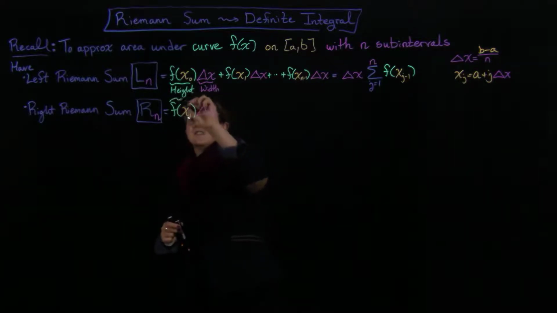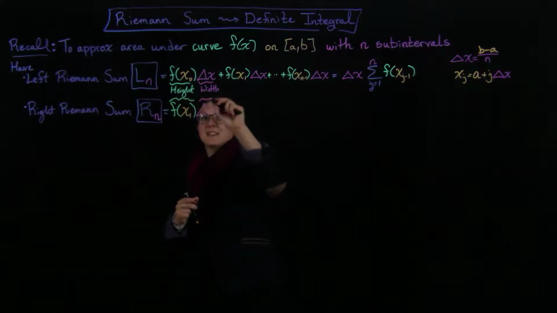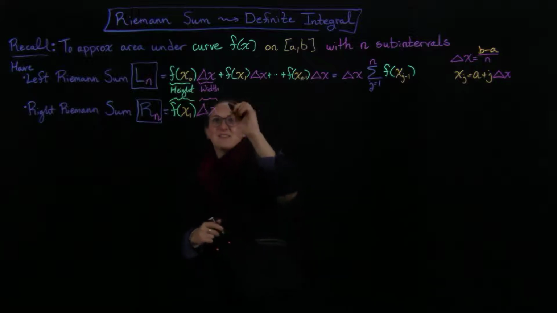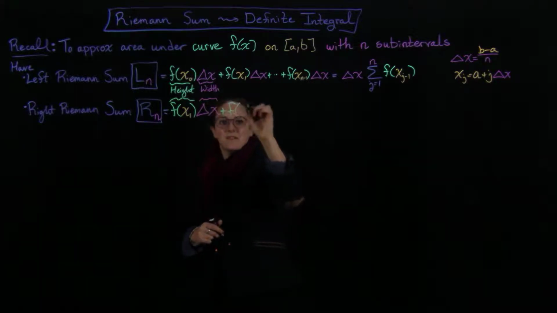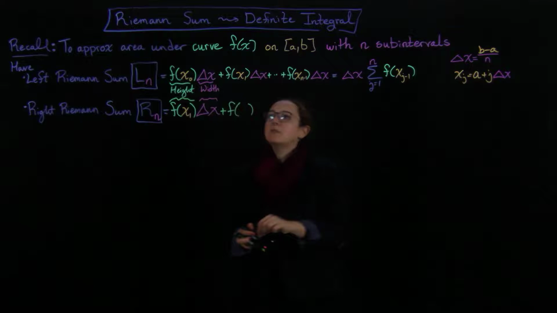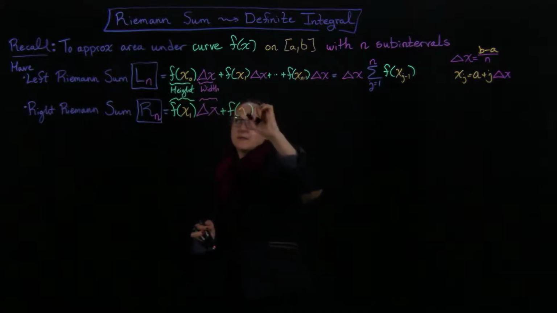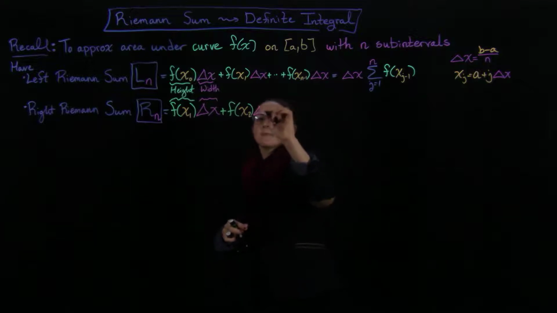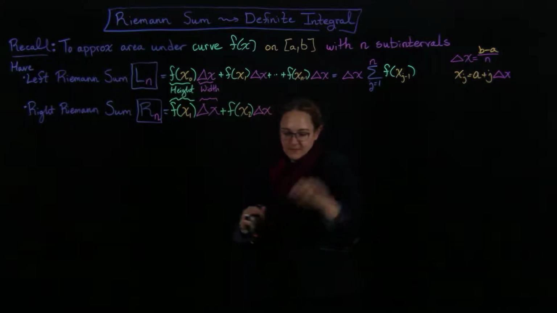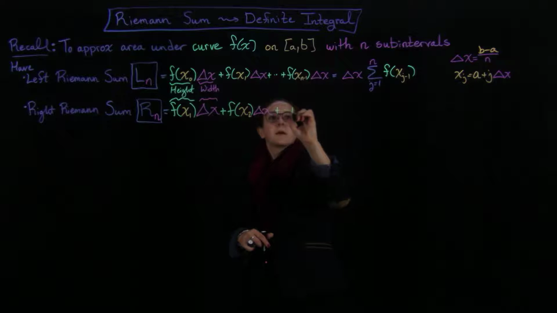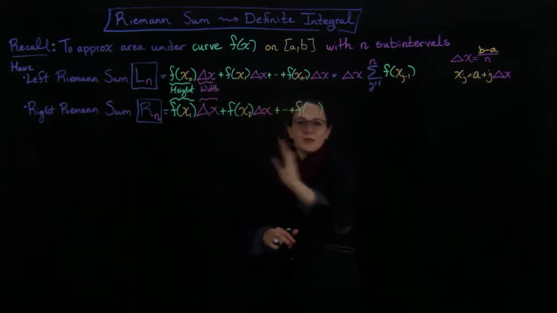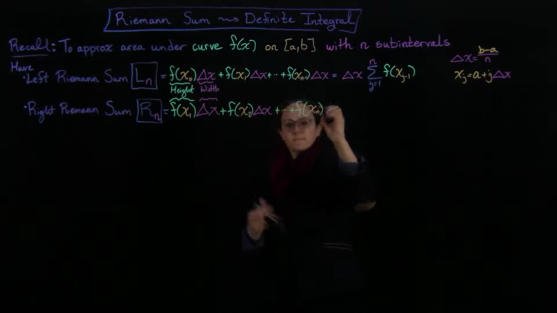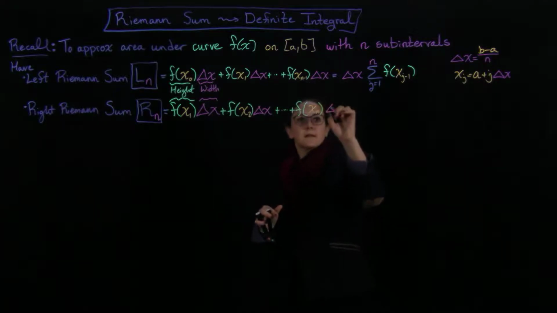This is also the height and also the width, so this applies to both at the same time. Then we have f of x2, again because we're now using the right side of each subinterval, and we go all the way up to xn, because we end at the right side, times delta x.